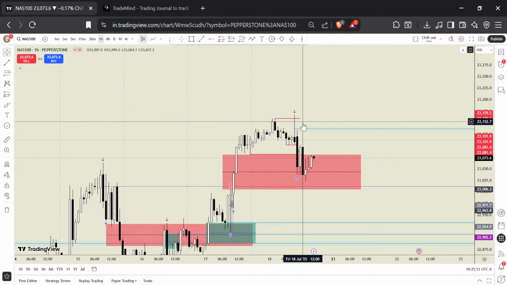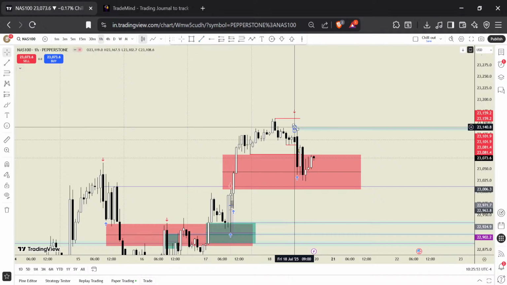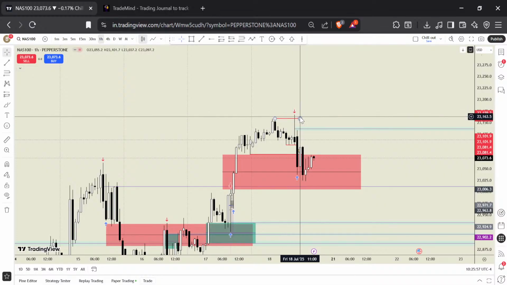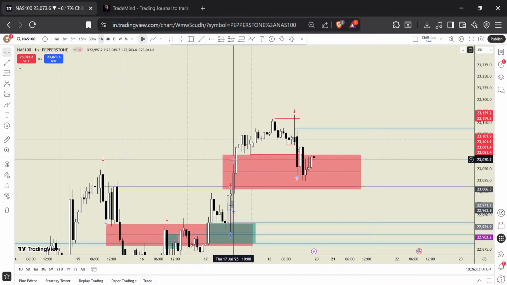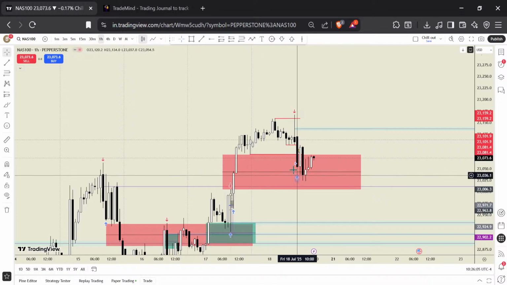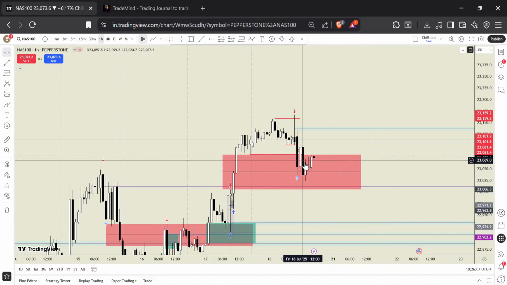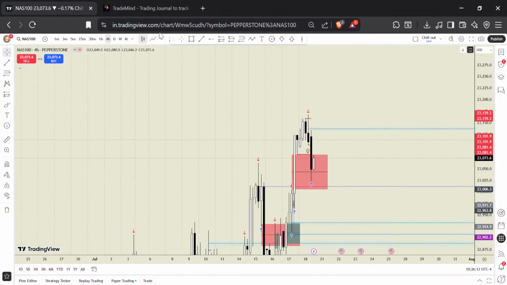That happened before the AM session, so I just did not note it down. Then looking at the higher time frame, there is a 4-hour FVG that needs to get filled before the AM session, and you can see that in the 4 hour.